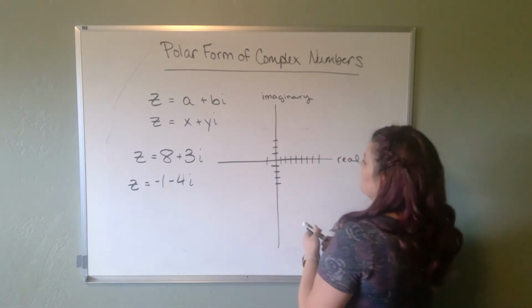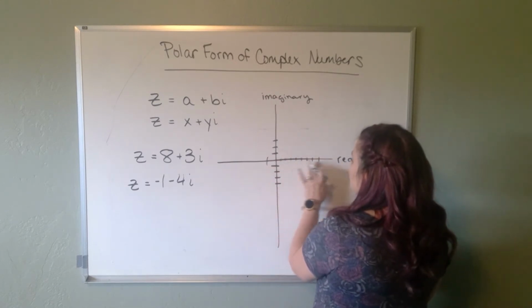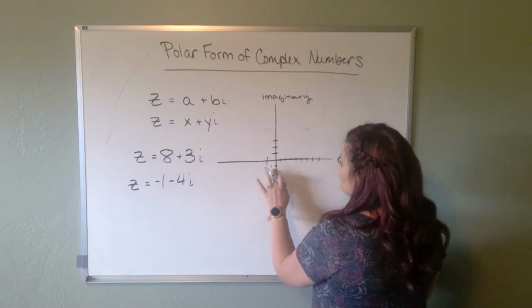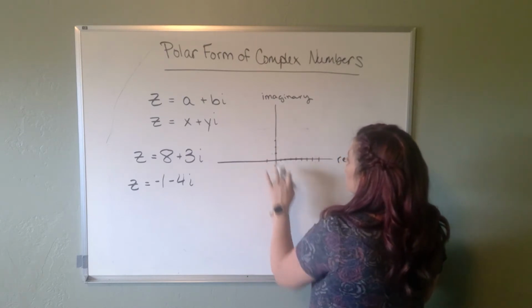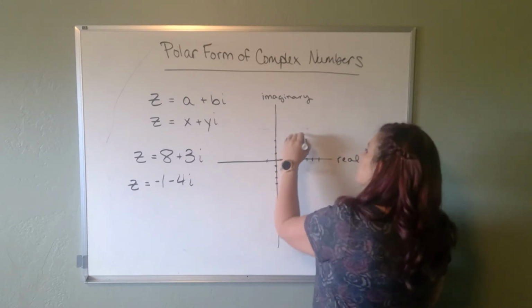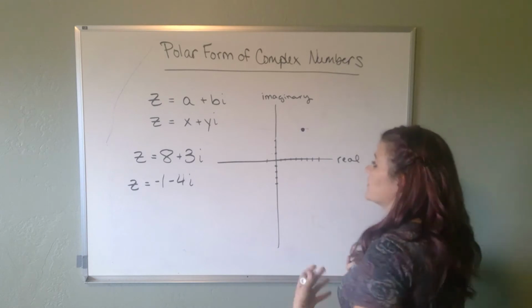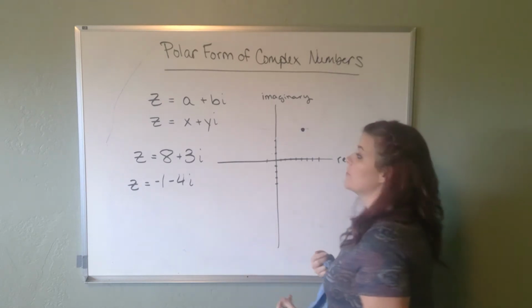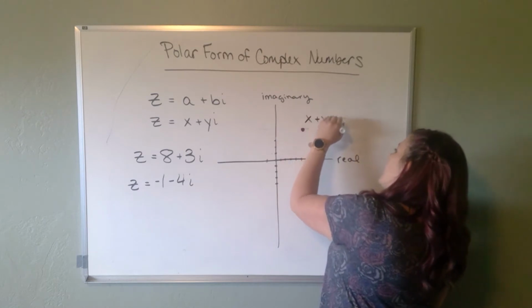So let's disregard these units, you guys, because what I'm doing is a general. I don't want you to think it's for specific points. Okay, so let's say I've got a point in the plane, and it can be anywhere with any real and imaginary part, any x and y, and I'm just going to leave it as x plus yi.